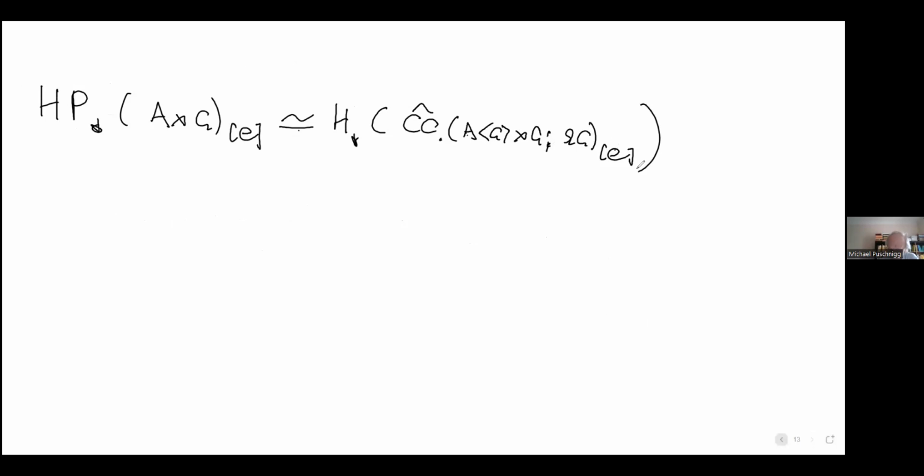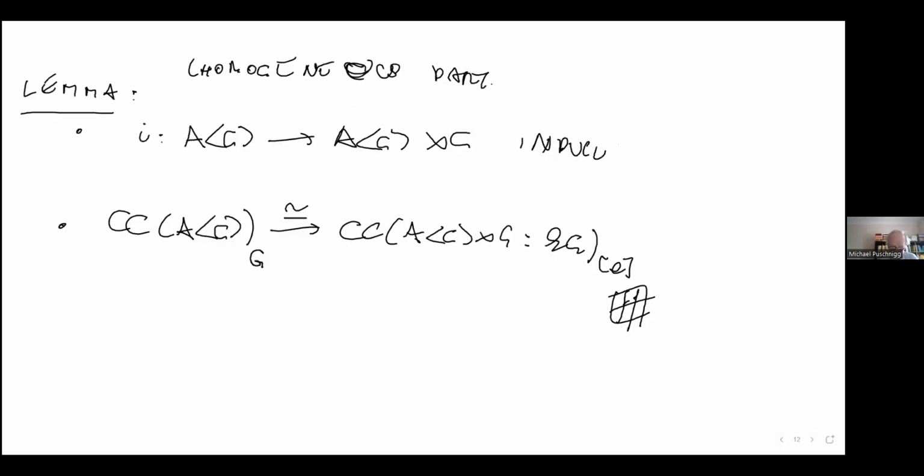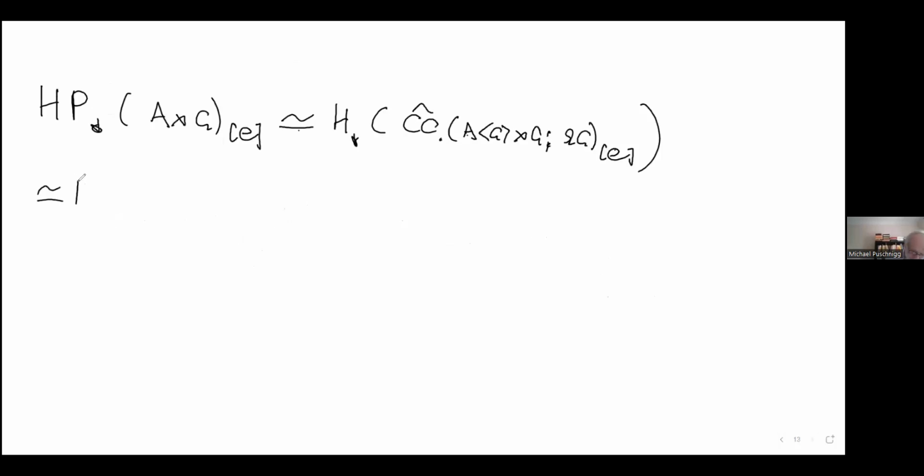This is true by the first lemma, but the second lemma tells me that this homogeneous part is just equal to the co-invariance of the cyclic complex, and here, same thing for completions of the stupid algebra. The co-invariance of this.